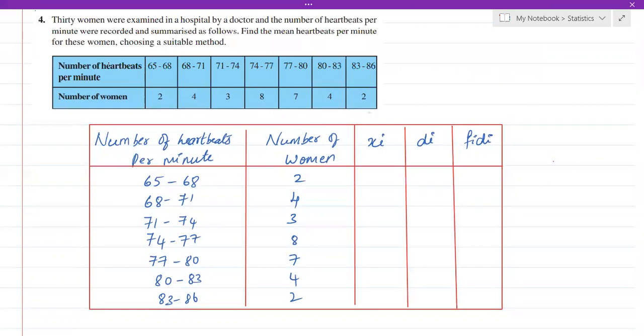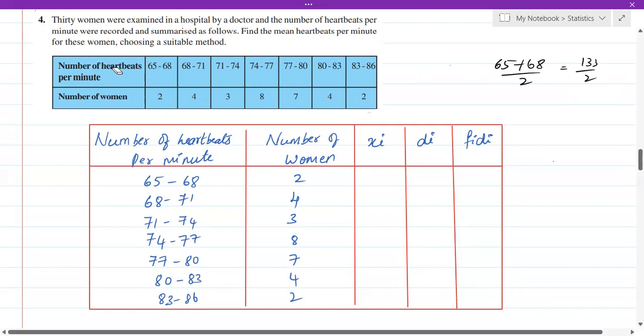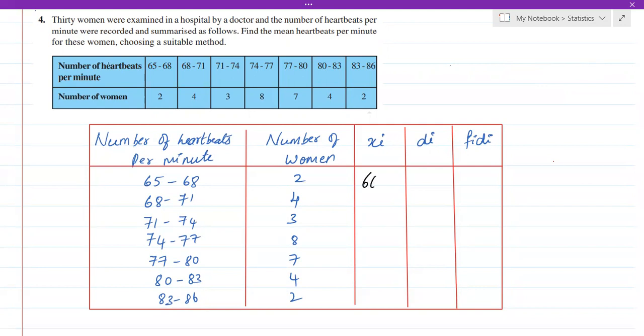So the xi value will be the middle value of the interval 65 to 68. The middle value is 65 plus 68 divided by 2. That gives us 133 divided by 2, which is 66.5. So the middle value will be 66.5.